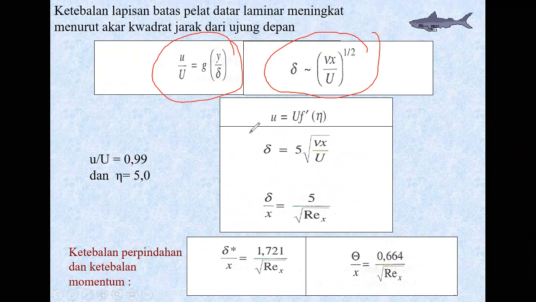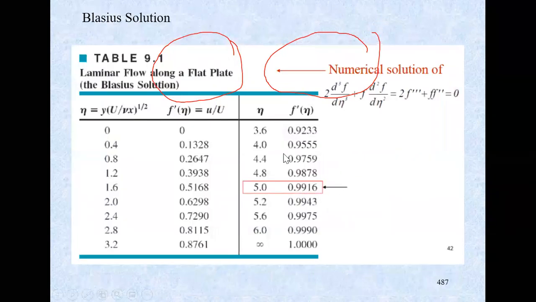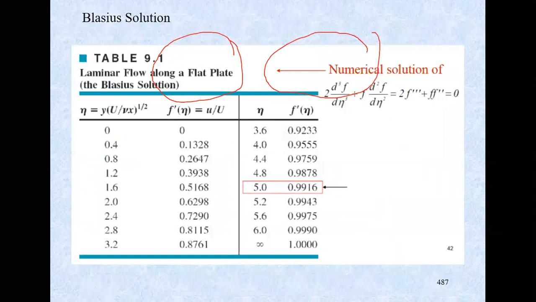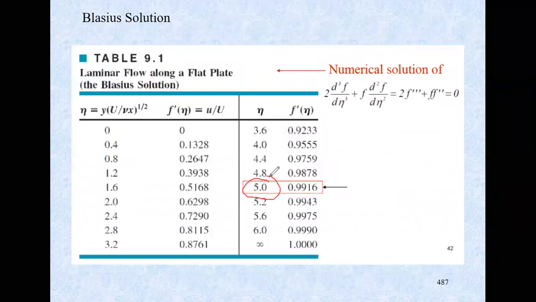And if we take a look at the previous table, we see that when eta is equal to 5, it corresponds to 0.9916 of u over capital U.